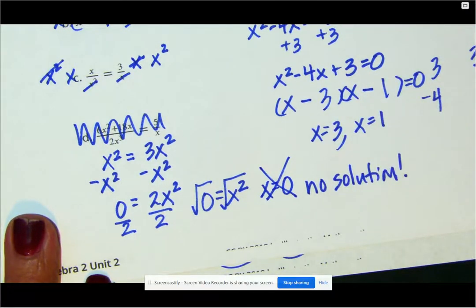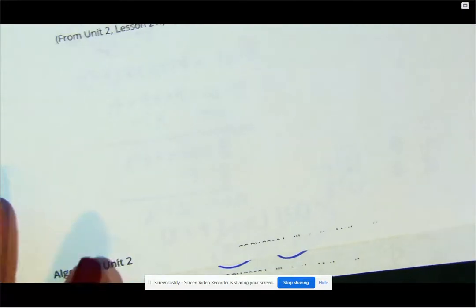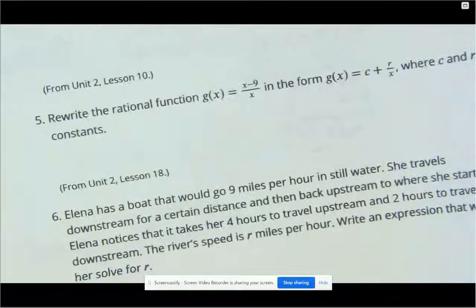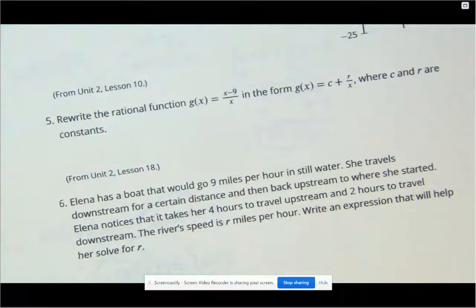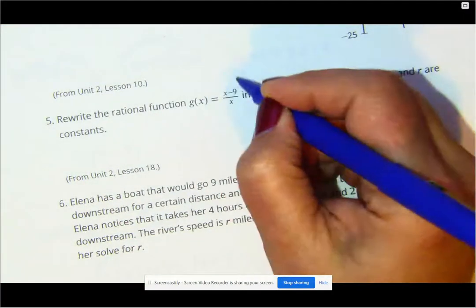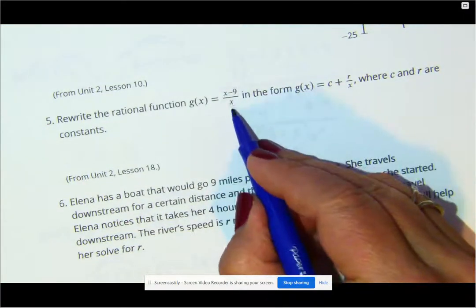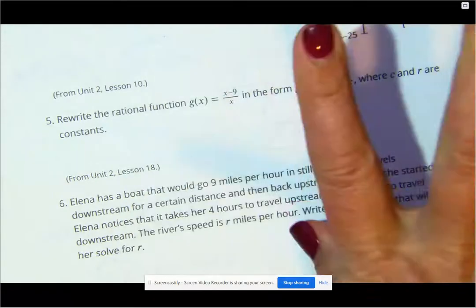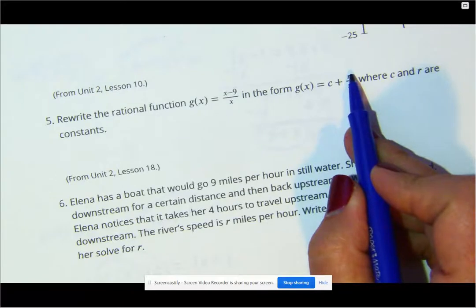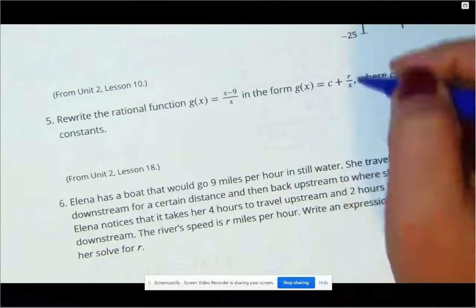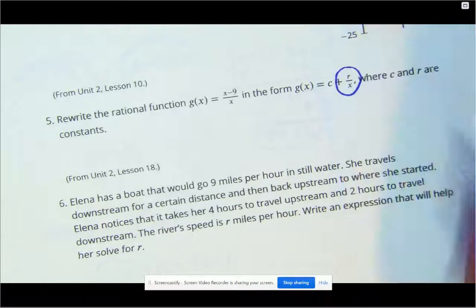All right, I'm going to do one more so this video doesn't run too long. Number 5, it says, rewrite the rational function g of x equals x minus 9 over x in the form c plus r over x. Right now it's written over one denominator, but essentially both things are being divided by x. We want to break it apart so we can see the constant and then the part that's left being divided by x.